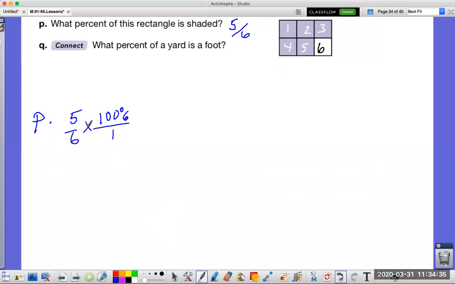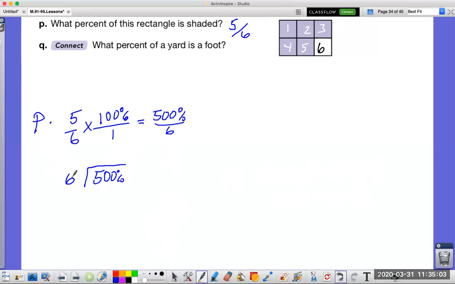I don't really necessarily have to do that though, because I'm going to probably end up having more compatible numbers working with 500% divided by 6 anyway, because that's what this will end up being, 500%, and this will be 6. So if I do 500% divided by 6, this might work out just fine anyway.